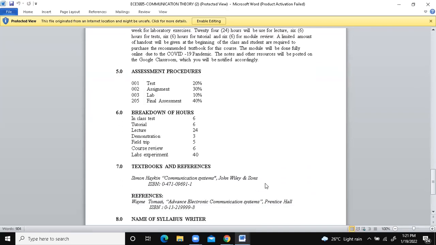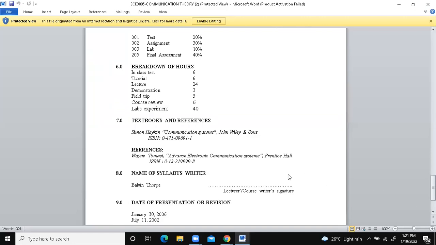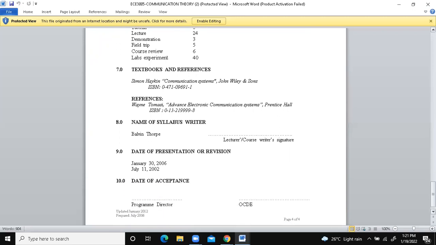These are your texts. You might want to add to that the series in communication systems. So again, the syllabus writer is Mr. Thorpe. So, sir, the field trip, is it going to be a virtual field trip, sir?